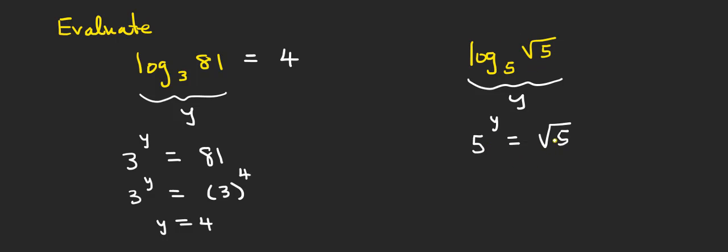Now, again, in order for this to equal each other, you need to have the same base. So this is 5 to the y equals 5 to the 1/2. Now you have the same base. So in order for these two to be equal to each other, y should equal 1/2. Therefore, this whole thing is equal to 1/2.